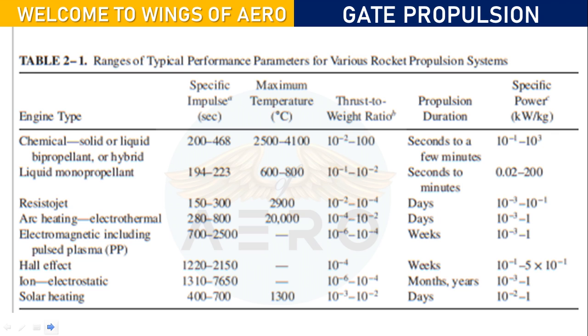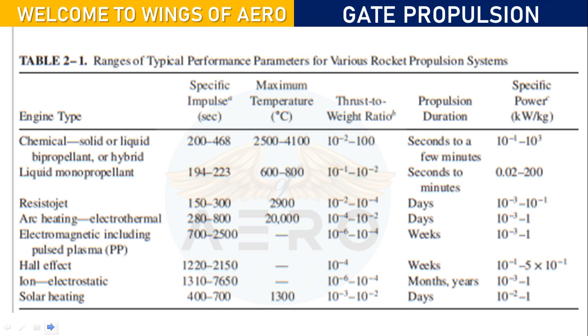Is that clear? So you have to identify among that. First comes your ion, electrostatic. Among the electrostatic, ion is the first priority, then comes the Hall effect, right? Then the electromagnetic, then after that the solar cell rocket, right?